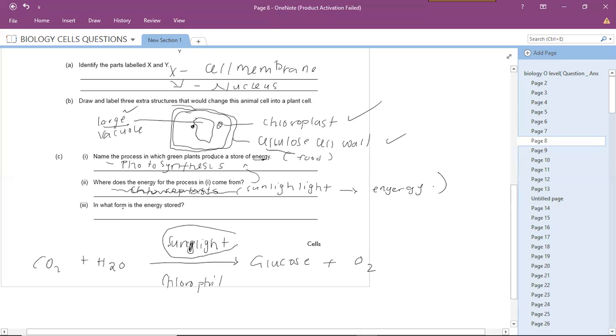In what form is this energy stored? The energy is stored as glucose. But excess glucose is stored as starch.